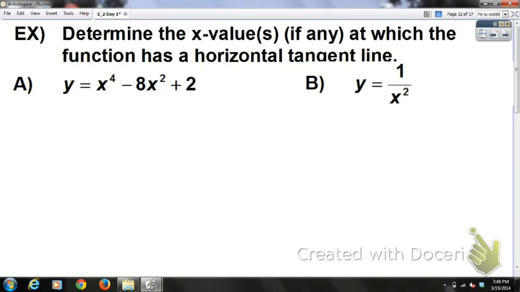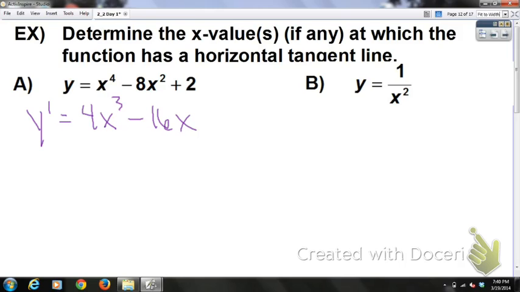As we just said, in order to determine the x value at which a function has a horizontal tangent line, I need to calculate the derivative and set that derivative equal to 0. So our derivative of y equals x to the 4th minus 8x squared plus 2 is going to be y prime equals 4x cubed minus 16x.